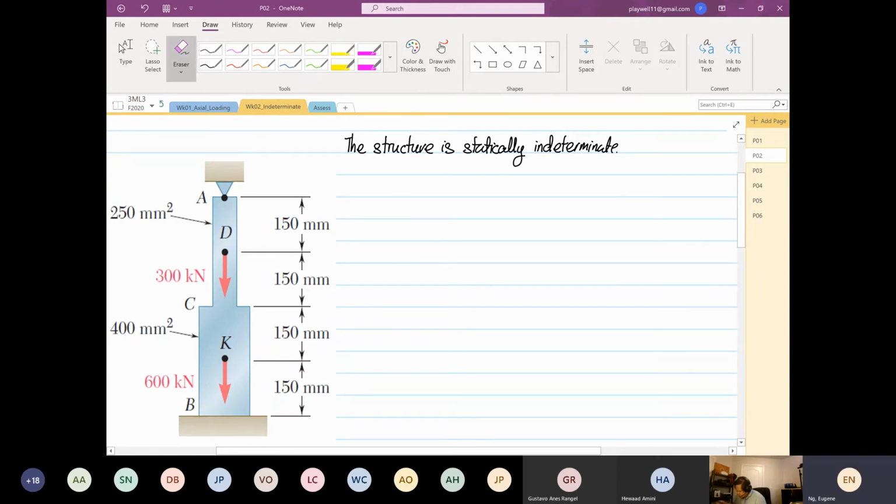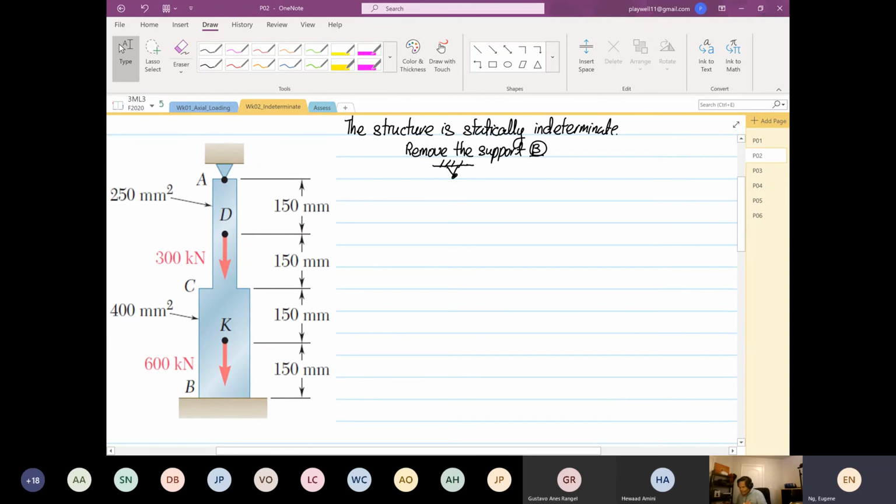The first thing we're going to do is remove the support at point B. So this is our pin section, this is our point A. When we remove the support at point B, what will happen? It's allowed to stretch. Yes or no? So now our structure is allowed to stretch.